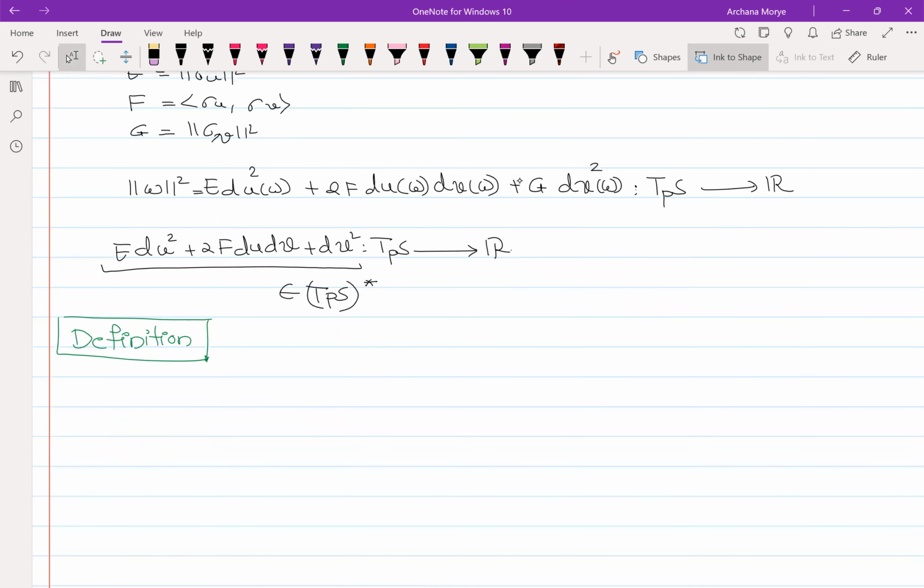So let me write it as E du square plus 2F du dV plus, did I miss something? G is missing here, right? So G times dV square is called the first fundamental form.